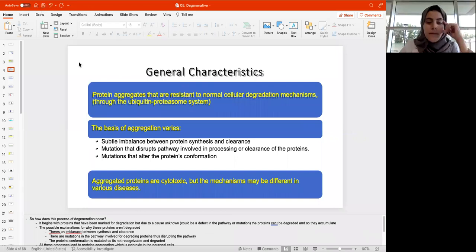Okay, now underlying pathophysiology of most of these disorders has something to do with a protein aggregating. So for example, in Alzheimer's disease, what protein aggregates? Or proteins, there's actually two. Tau protein, okay, and?